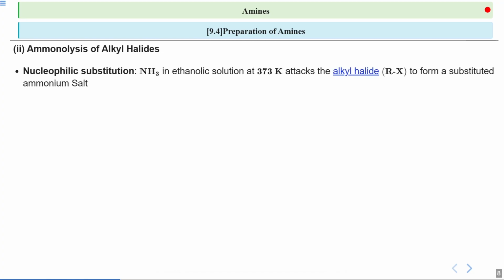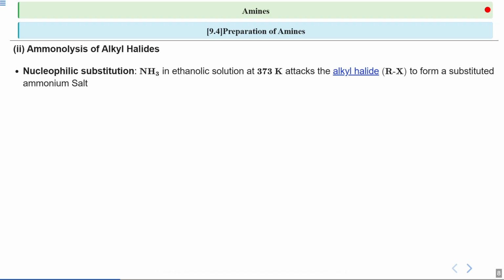First, look at the nucleophilic substitution step over here. Ammonia, NH3, acts as a nucleophile, which means it donates a pair of electrons.